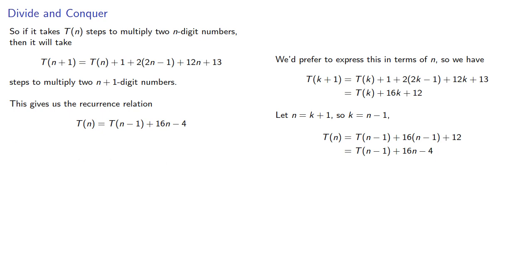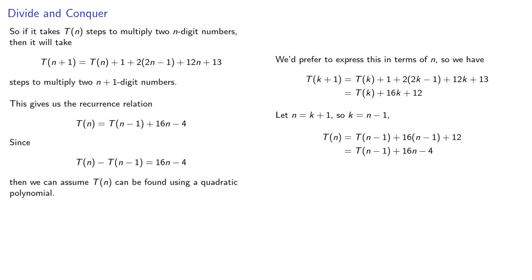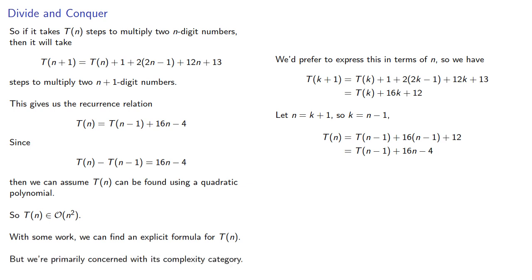Now, since tn minus 1 is a linear function, then we can assume that t of n can be found using a quadratic polynomial. So t of n is big O of n squared, and with some work we can find an explicit formula for t of n. But we're primarily concerned with its complexity category, and so this establishes that it is big O of n squared.